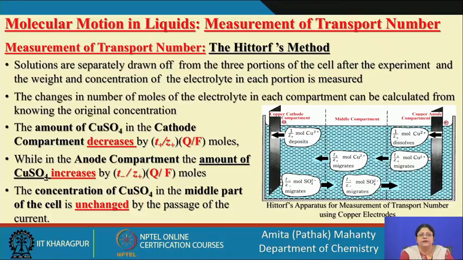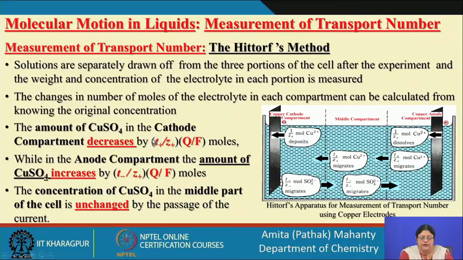Whatever changes we are seeing, the amount of copper sulphate in the cathode compartment, where you will have a depletion, decreases by how much? This fraction should be multiplied in both the cathode and anode compartments. Q by F gives you the moles. So, Q by F moles into what?